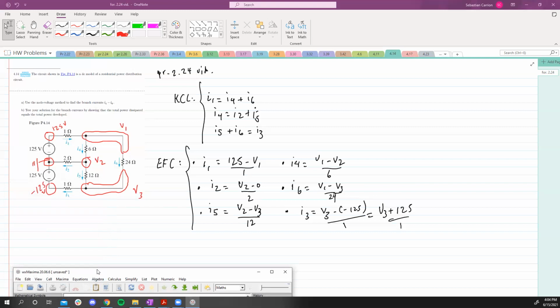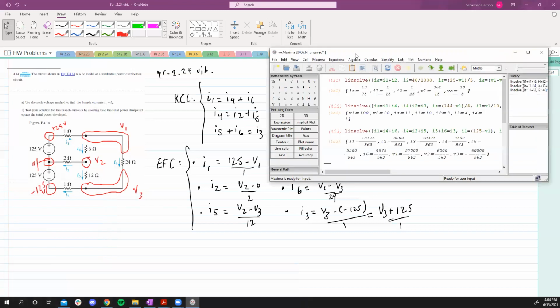So here we get our equations. And they look like they're small.